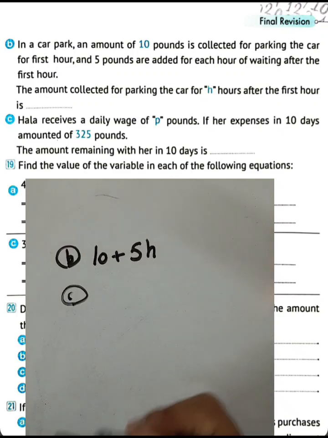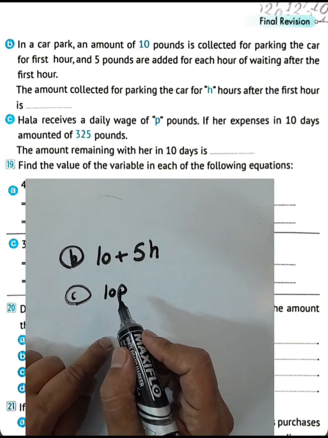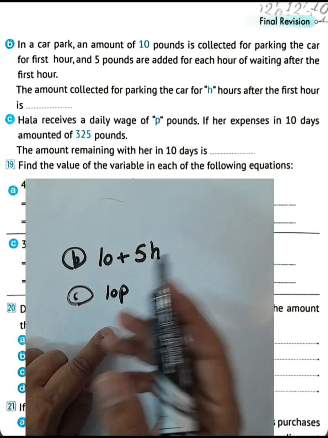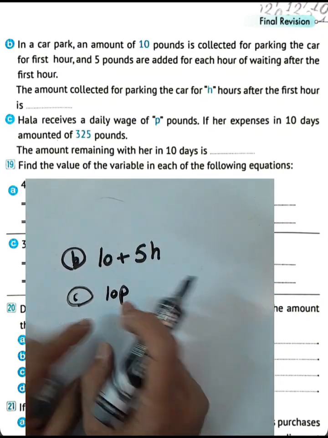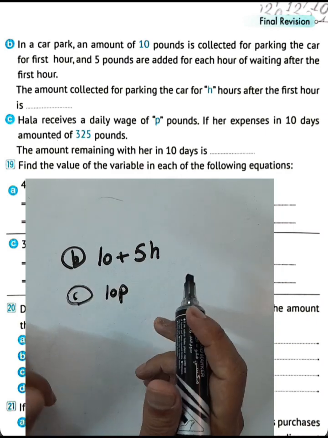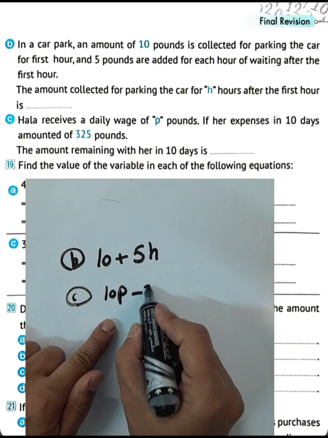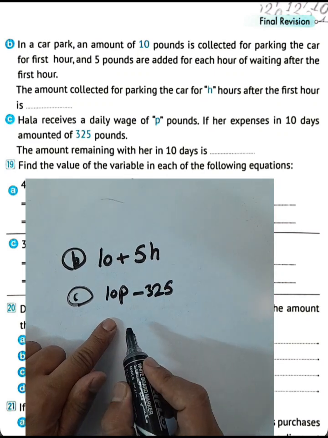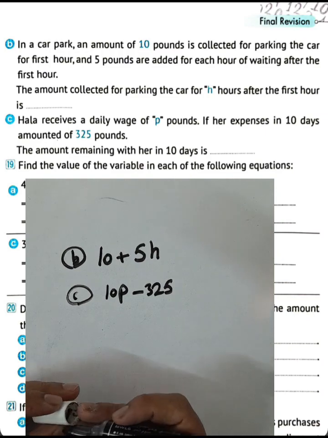For letter C, we have 10 multiplied by b, because Hannah receives a daily wage of b pounds. Her total in 10 days is 10 multiplied by b, and her expenses are 325. To find the remaining, we subtract: 10b subtract 325. Okay, because Hannah receives a daily wage of b pounds.